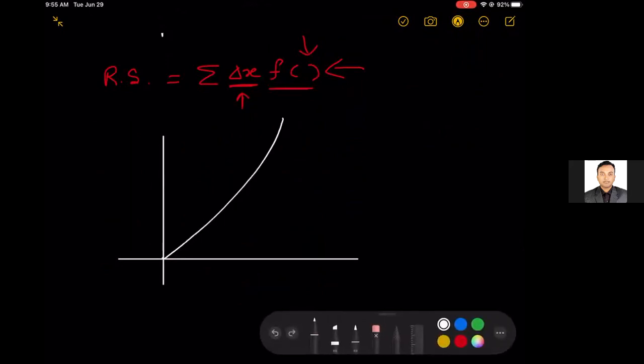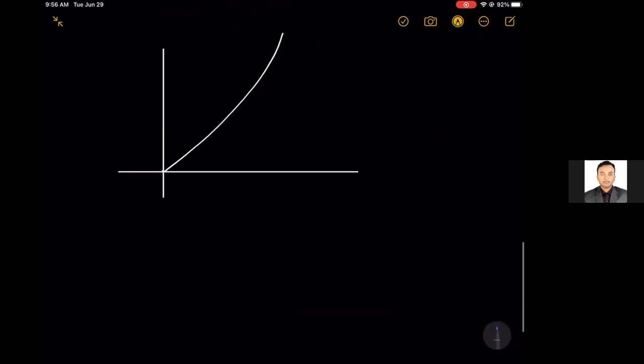Sorry about that. Now, let's say we are subdividing this interval from 0 to, let's say, 3, into 3 parts.